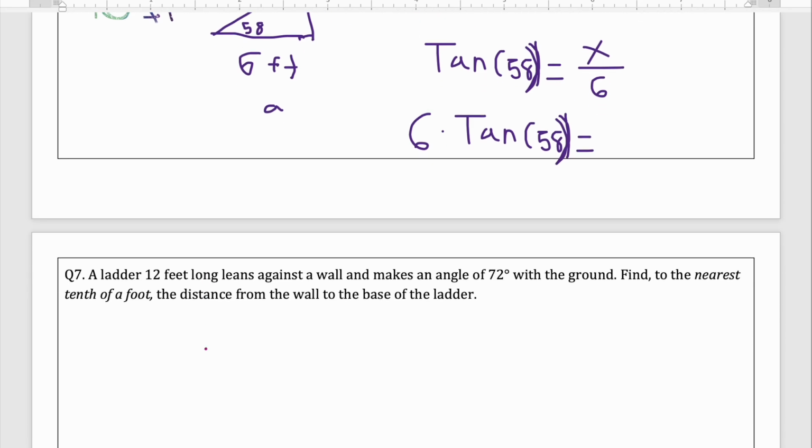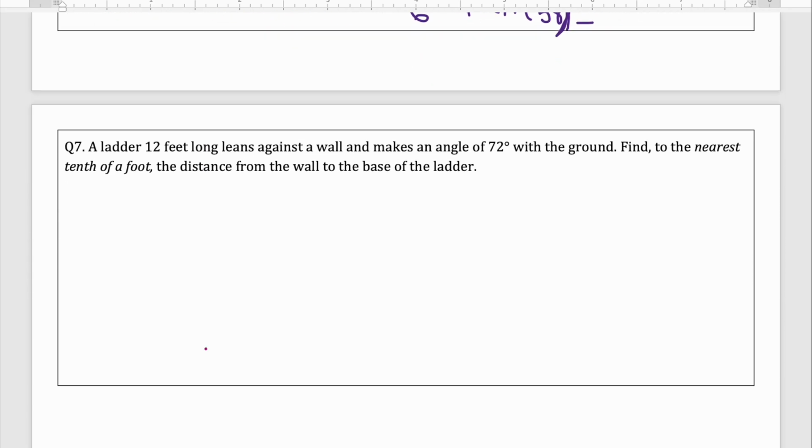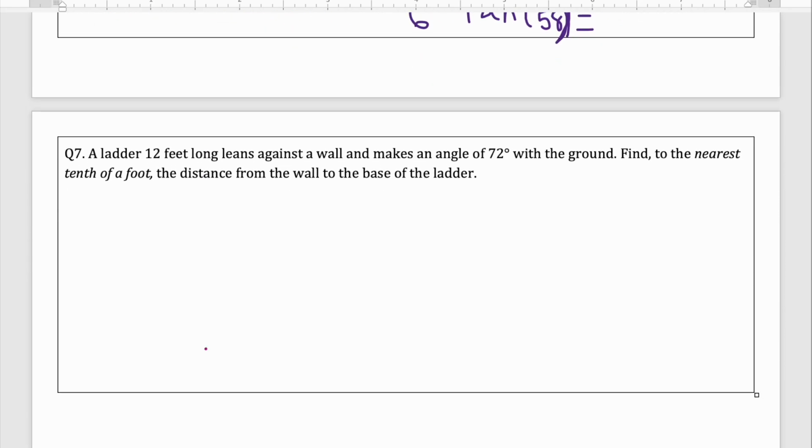Okay, last question on the review. A ladder 12 feet long leans against a wall and makes an angle of 72 degrees with the ground. Find to the nearest tenth of a foot the distance from the wall to the base of the ladder. So we have a ladder and it leans against a wall.